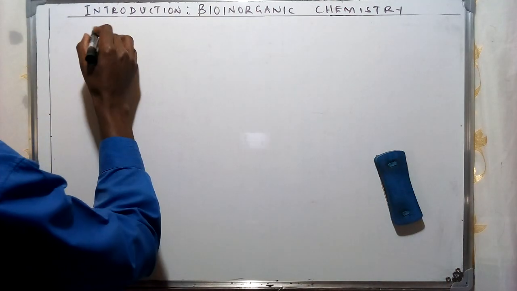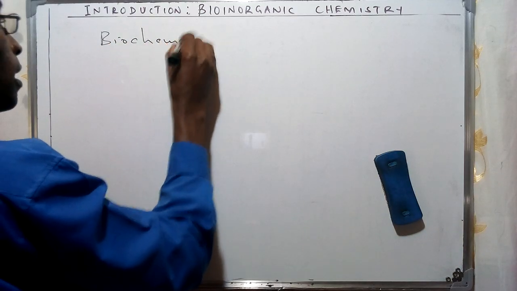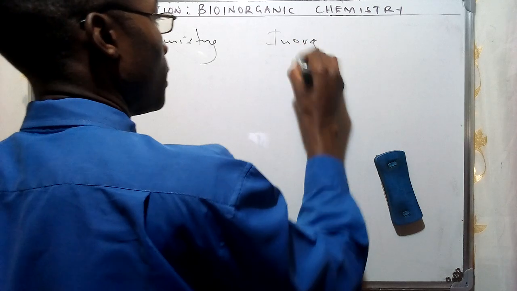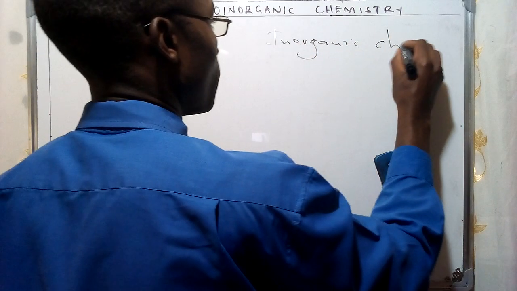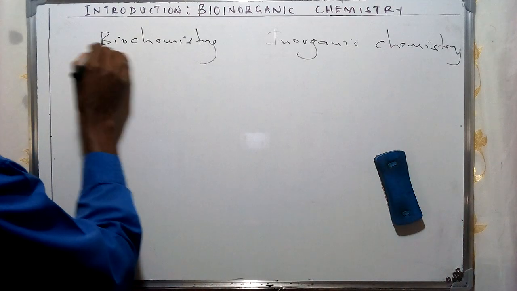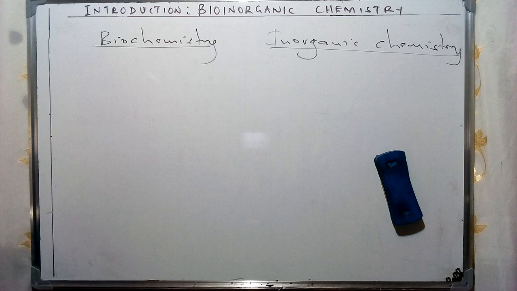This is basically a merger of two topics we see in chemistry, which are biochemistry and inorganic chemistry. Now, for the second part of this branch of chemistry, I've defined it in detail in a summary form.